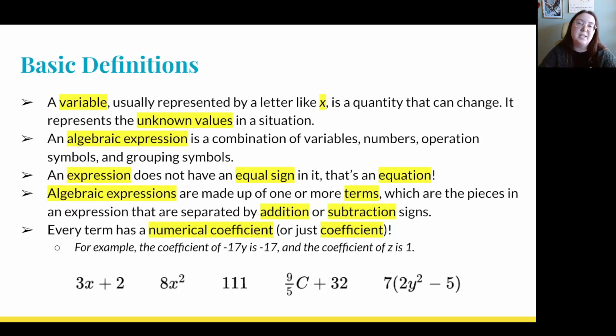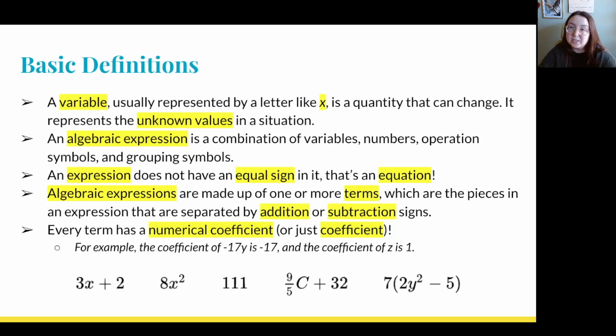It also contains any variables like x or y. It also contains any operations: plus, minus, multiplication, division, things like that. And then we also have grouping symbols like exponents or parentheses or anything along those lines.